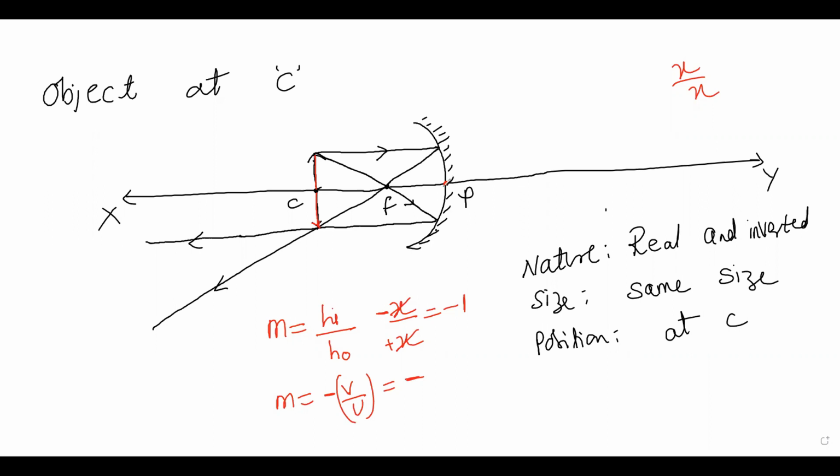That means they are equidistant from the pole. That means object distance is equal to image distance. But both are negative. Why? Because we are measuring the distance in the opposite direction of the incident ray.